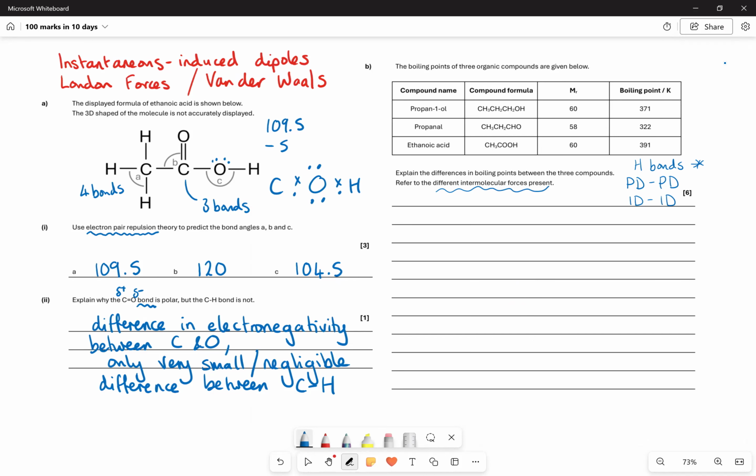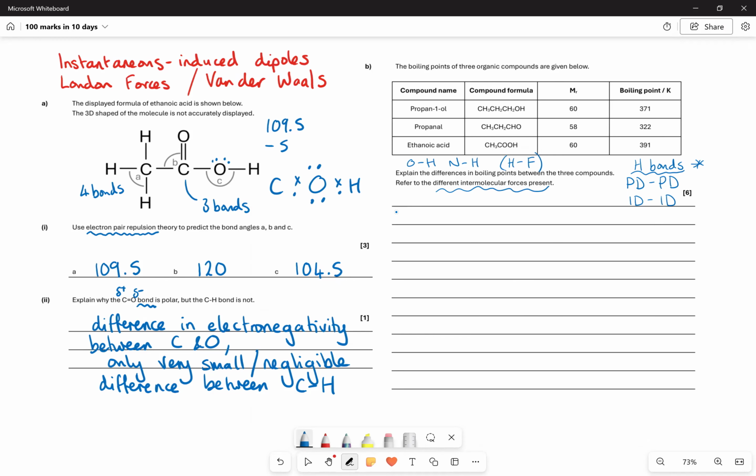And then if we've got any kind of other atom, so oxygen, nitrogen, bromine, chlorine, fluorine, it will have a permanent dipole. And then to have hydrogen bonds with our organic molecules, we're looking for an OH or an NH. Now, HF also has hydrogen bonds, but you're not going to find that anywhere except hydrogen fluoride because that is literally its formula.